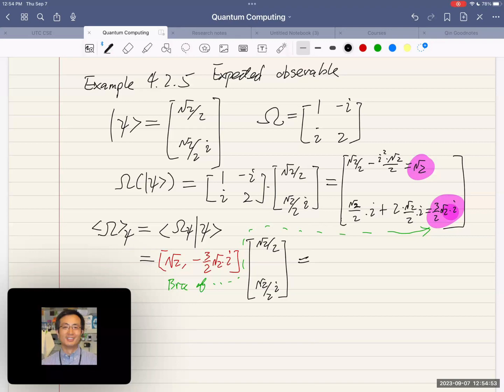Which is 2 divided by 2, minus 3 divided by 2 i squared.